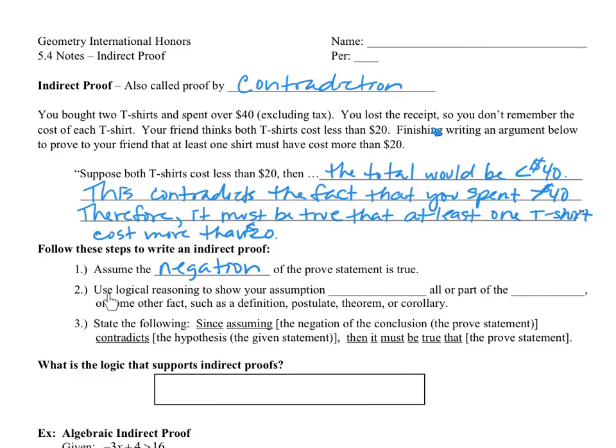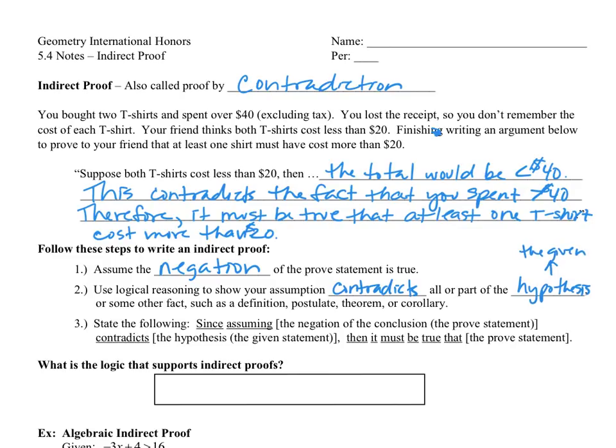The second thing we'll do is use logical reasoning, the same kind of reasoning skills we use in a direct proof, to show that your assumption contradicts all or part of the hypothesis. Now remember where you get the hypothesis. The hypothesis is the given information.